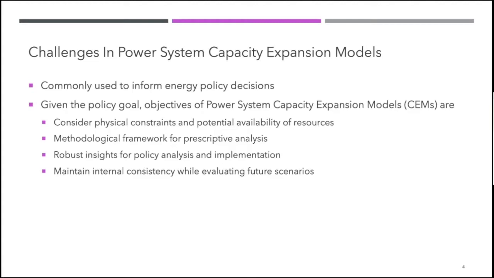Third, whenever we provide these insights or this prescriptive analysis, it has to be somewhat robust so that we can implement it for the policy implementation. And fourth, we have to maintain internal consistency in the model when we evaluate the future scenarios.